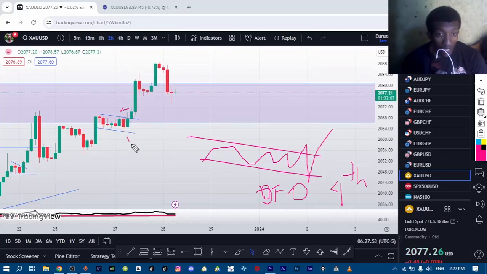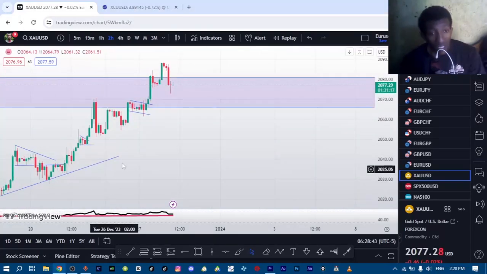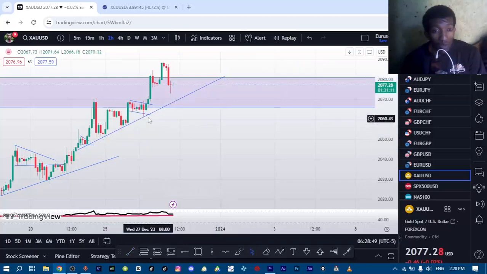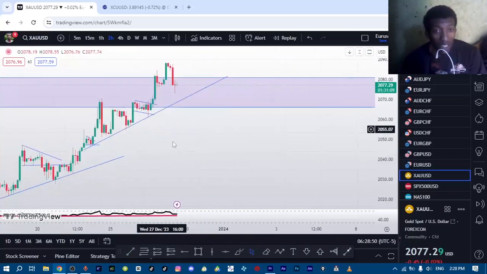So in order to combat this, you might use some trend line to guide where the breakout could take place. If you had used a trend line, it would have told you that this is the false breakout.